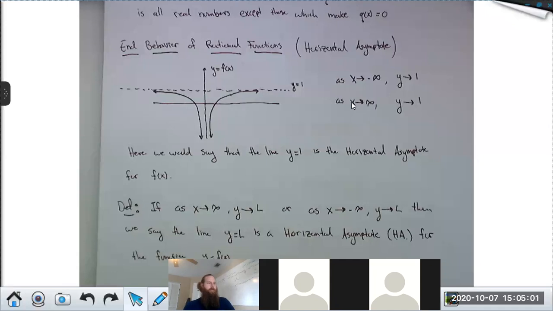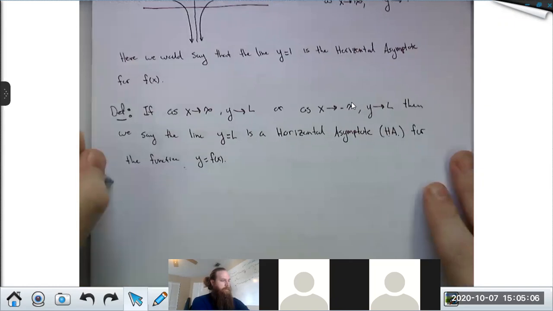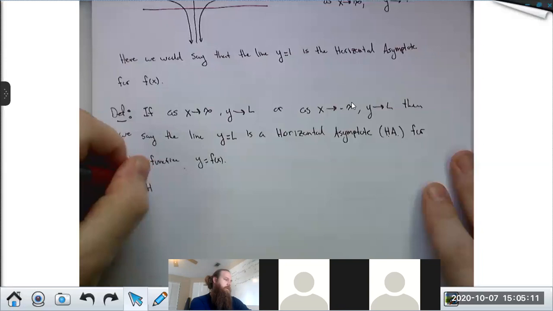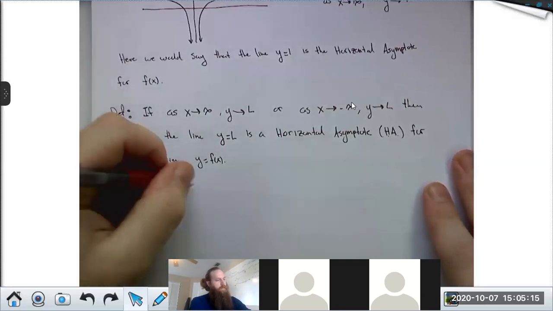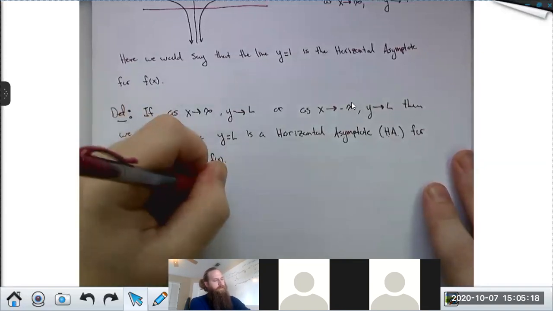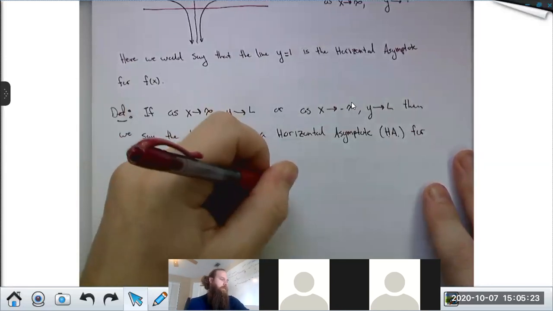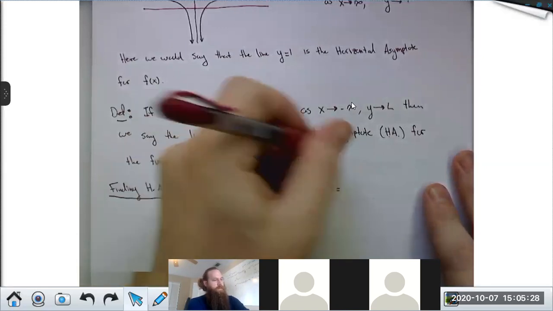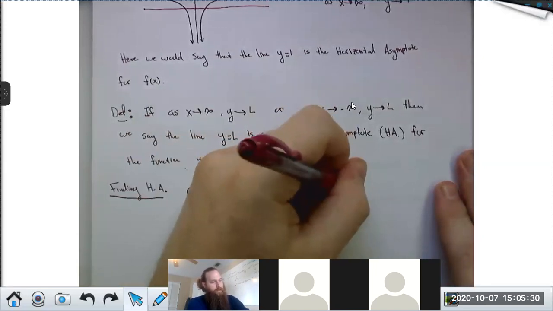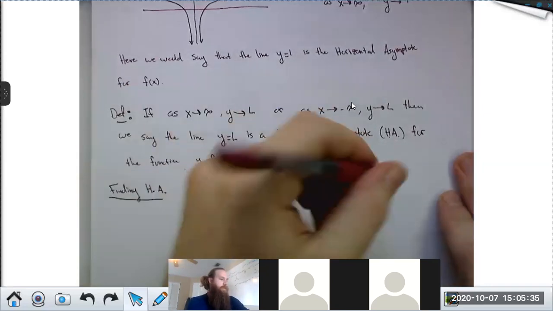There's a rule for finding these. Given a rational function, f of x equals p of x over q of x, you have to break it into 3 cases.